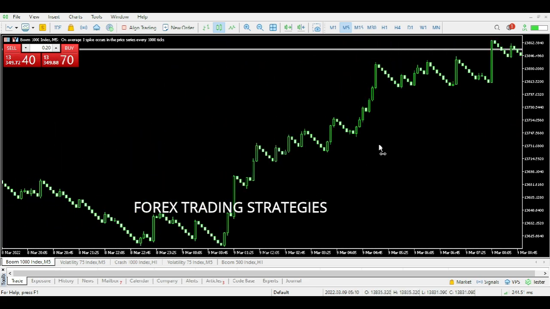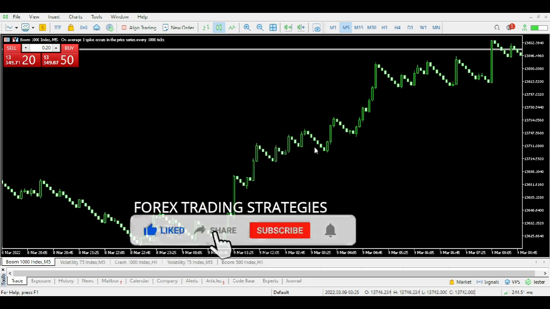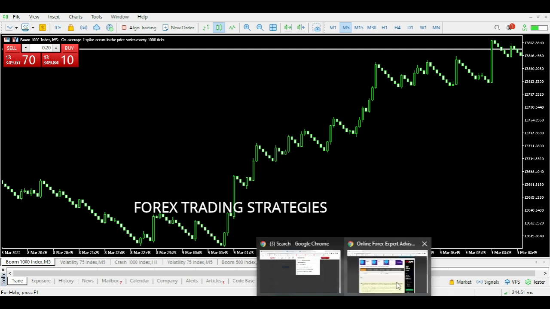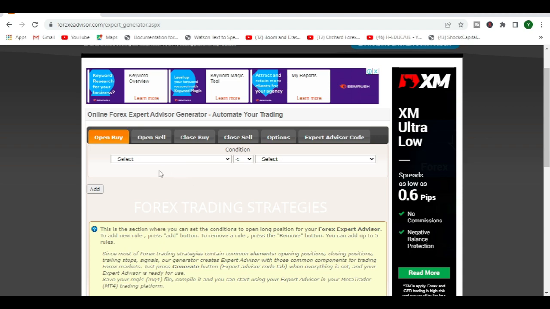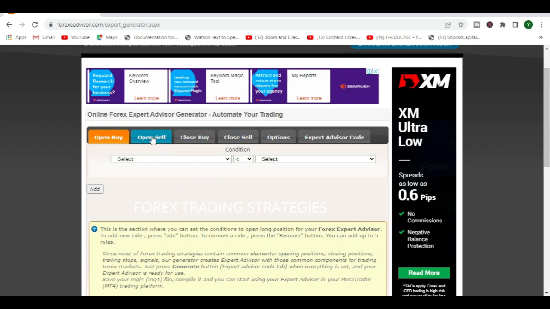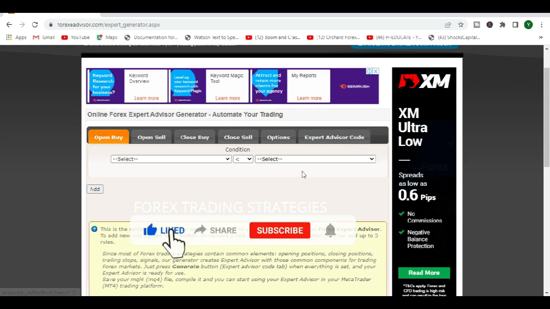So you want to ideally only look for spikes when it's an uptrend. So going back to our EA builder, we are only going to be interested in buys, and in how we are going to close those buys. We are not going to worry about opening sales. You can easily do the same thing for crash, perhaps, and just use open sell, close sell, and then your options and the expert code generator there.